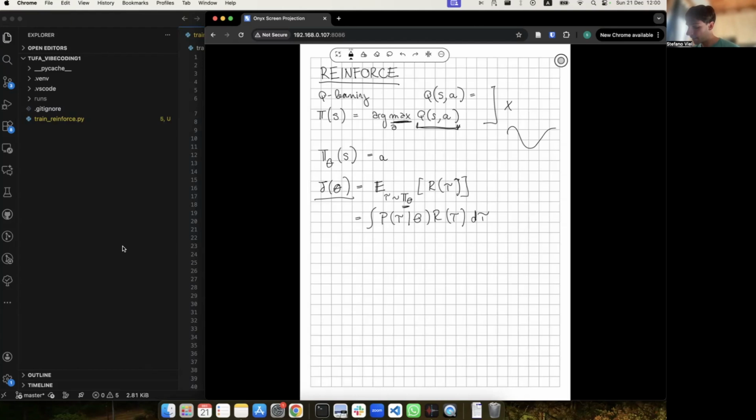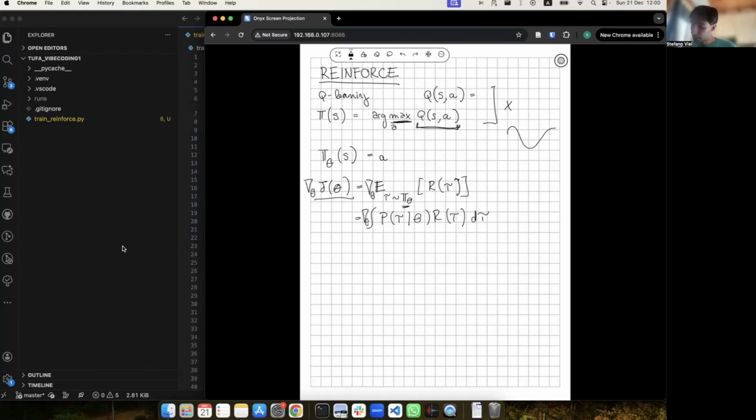And okay, so as in any machine learning problem, in order to optimize this function, we will need to take the gradient. So we take the gradient of this with respect to theta, and this is what we get here.